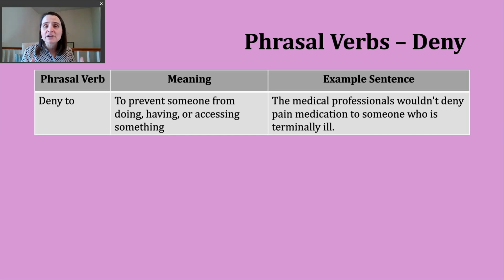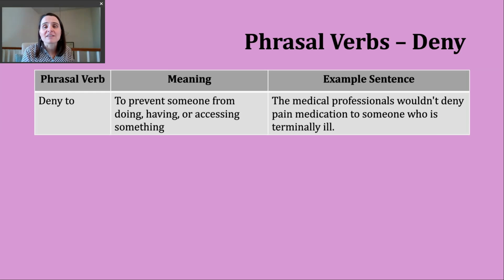This is a very serious situation where doctors have said, I'm sorry, but there's no way we're going to be able to cure this person. They are sick in a way that they will die as a result of this illness.